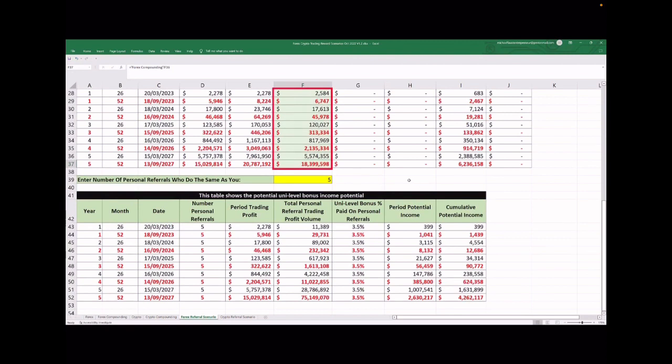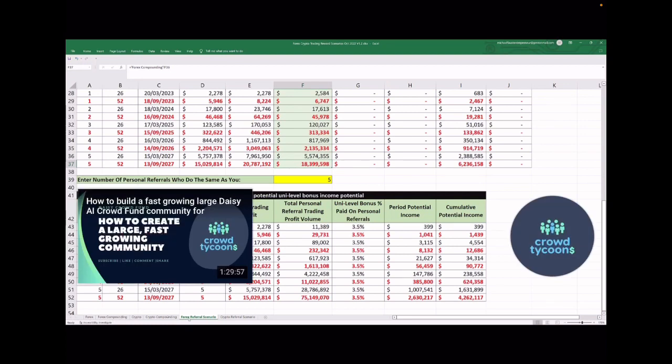Again, even if you only achieved 20% of those outcomes, even 10%, for most people that would be life changing. So you've now got scenarios for Forex and crypto for just withdrawing every month, compounding, and also if you referred other people.